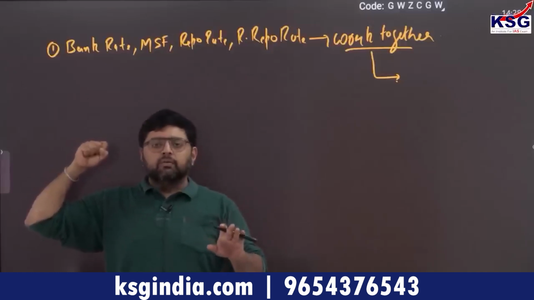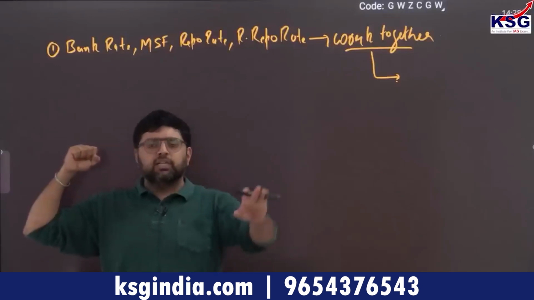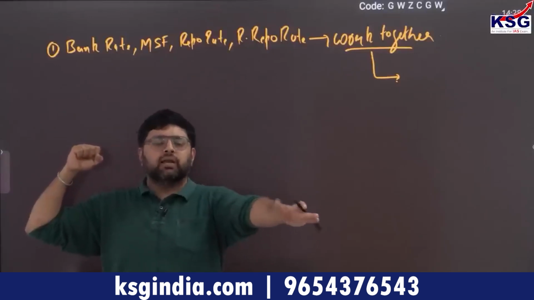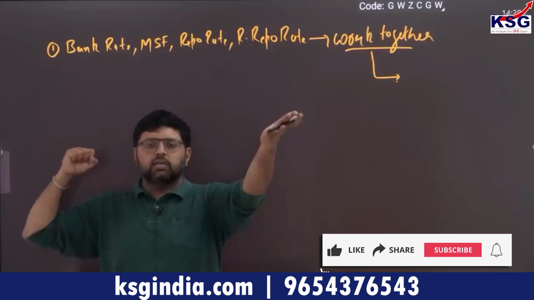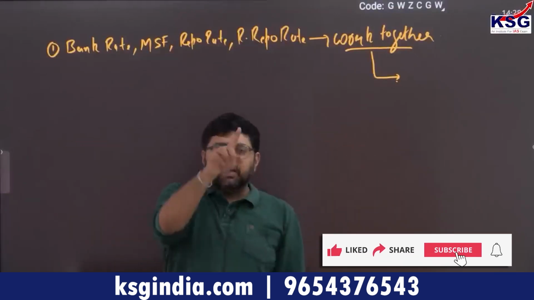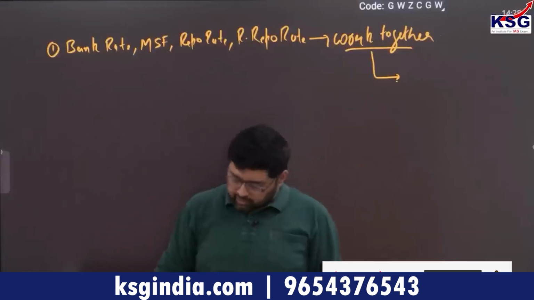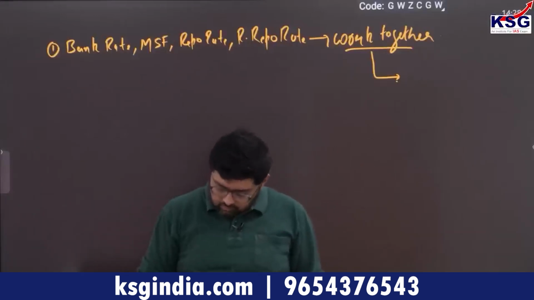When RBI is absorbing this money, it is giving time to the economy and the market to produce more products, so that once you produce more, I'll release it back into the market by decreasing the repo rate. So in this way, this mechanism is working. Clear? Is it clear to everyone?